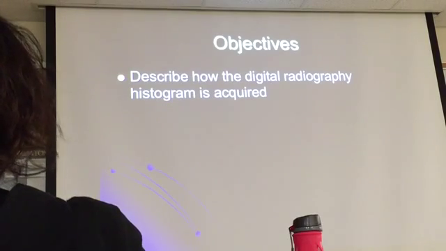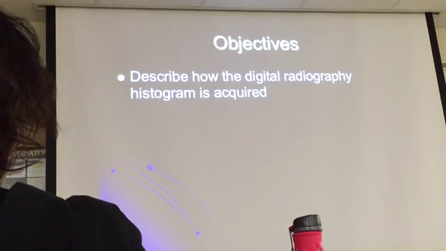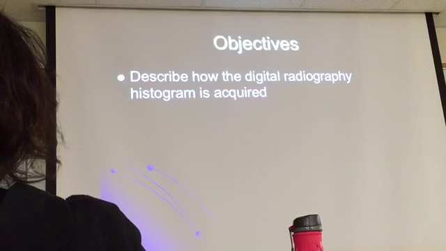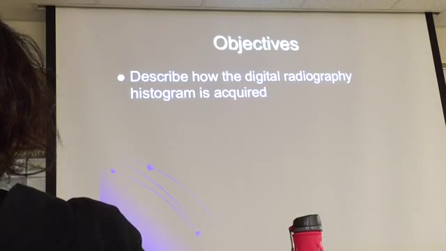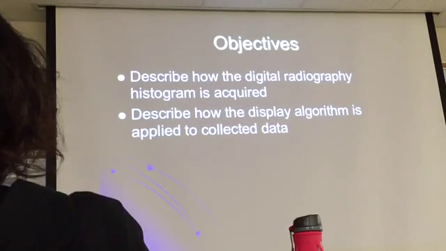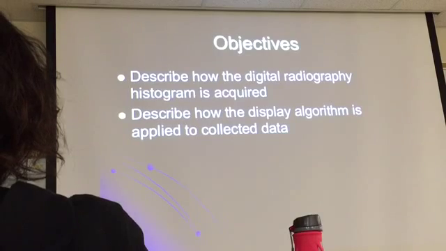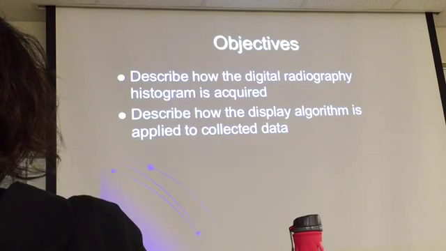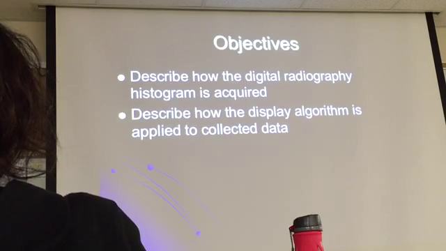In your head, you should know what a histogram is, and how that histogram is related to the image that you will be displaying on your screen. Describe how the display algorithm is applied to collect the data. First, you need to know what an algorithm is, and then how that algorithm is applied to the data that you have and how the image is reconstructed.